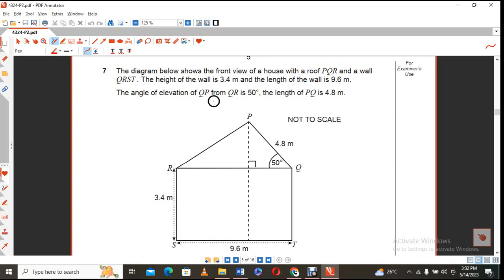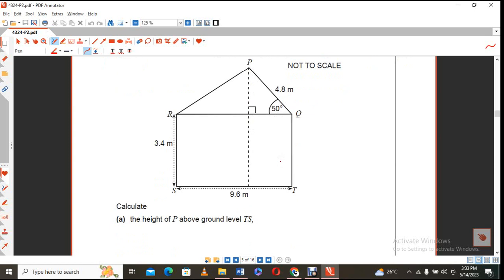Then the angle of elevation of QP, this angle of elevation from QR, is 50 degrees, and the length of PQ is 4.8. They want us to calculate the height of P above ground level TS.